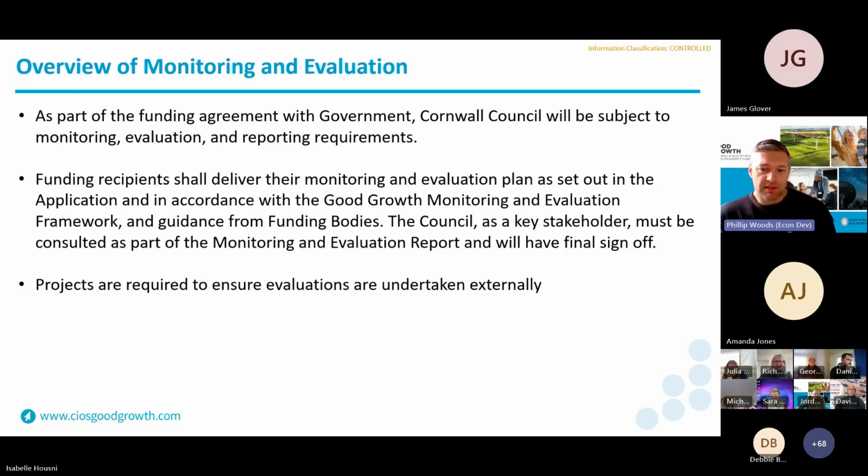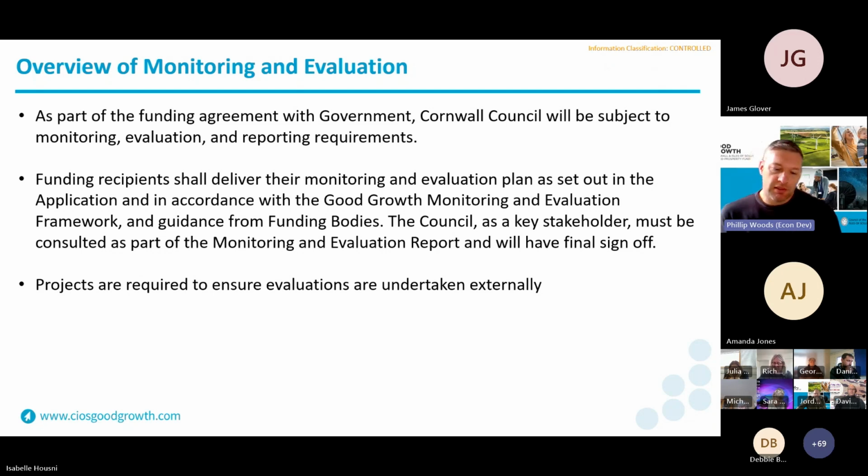So projects and recipients will need to deliver their own monitoring evaluation plan, which all projects were required to set out when applying for their funding anyway. This will need to be in line with the Good Growth Monitoring Evaluation Framework and the guidance, and I'll come to that in a moment. That's again linked from the links that James has already mentioned to our website around the supporting information.